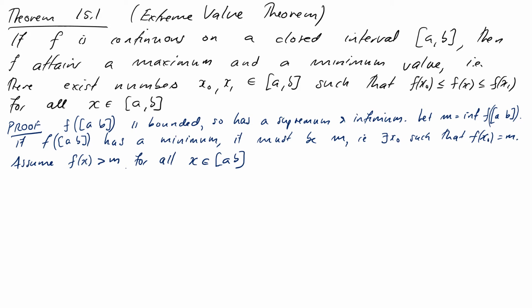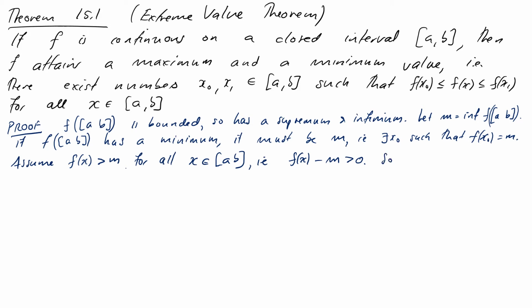What we should hopefully find is a contradiction here. So if this is true, then f of x minus m has got to be greater than 0. We're going to take the reciprocal of it as a new function.